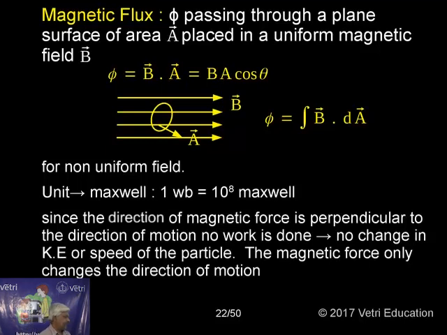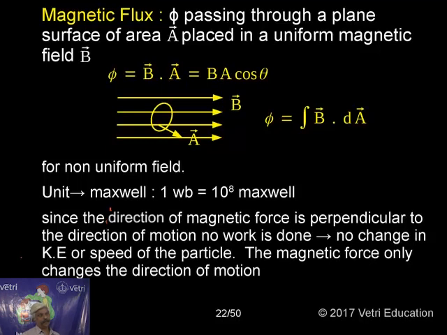Since the direction of magnetic force is perpendicular, this is not friction, so kindly mind. Since the direction of magnetic force is perpendicular to the direction of motion, no work is done. What is the meaning of that?